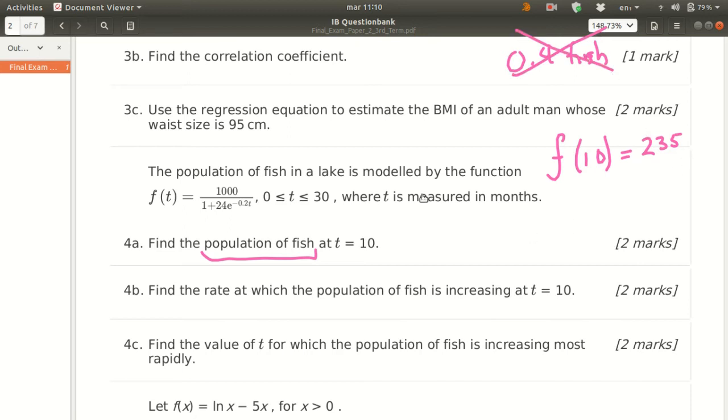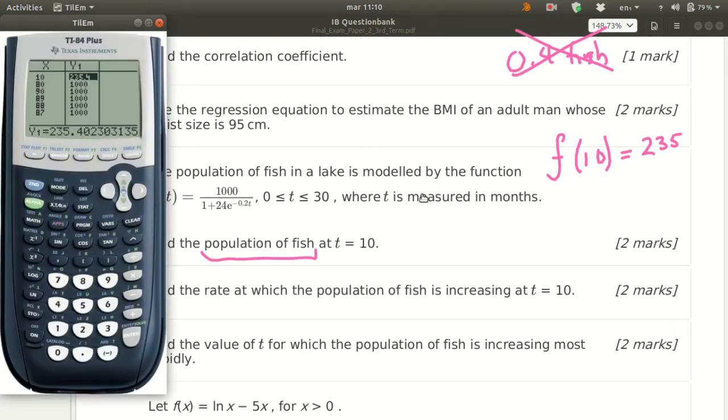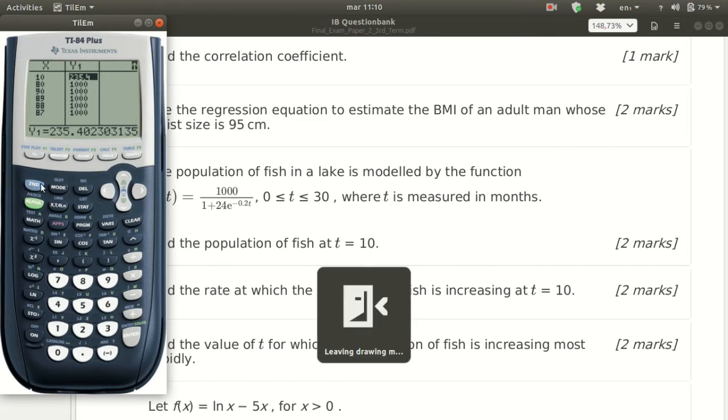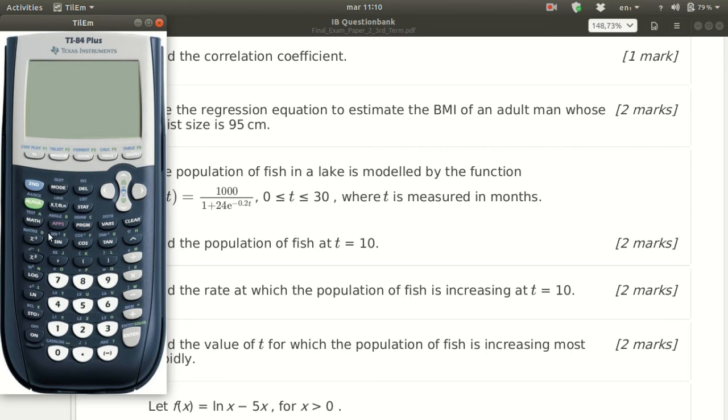Find the rate at which the population of fish is increasing at t equals 10. The rate at which the population of fish is increasing. That's the derivative. So we're going to go back outside, and we're going to use the calculator, all right? You can do the derivative by hand, but it's a long derivative.